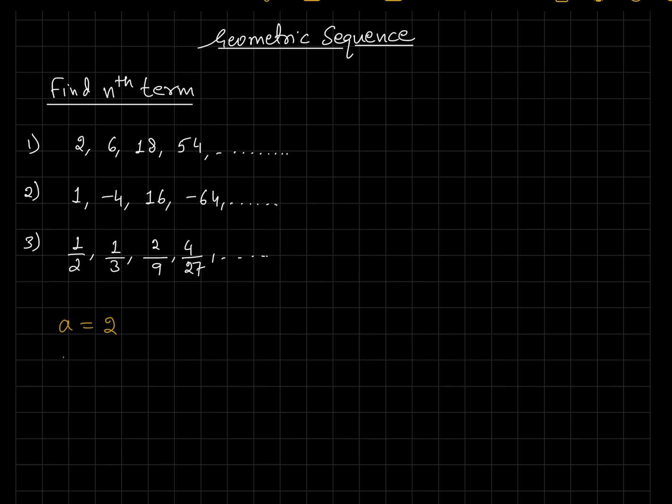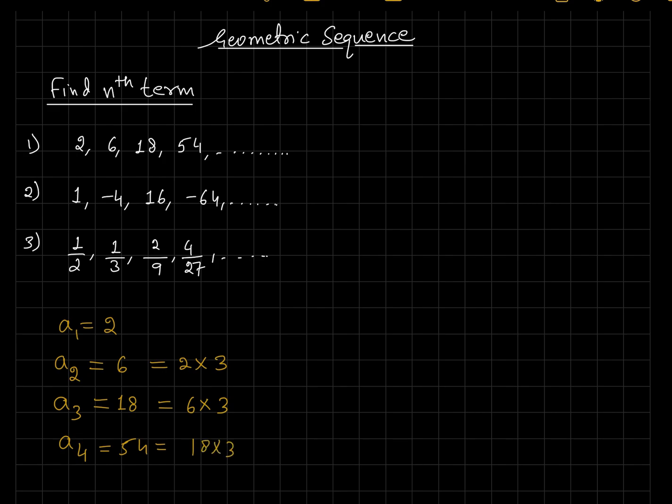Then my second term a2 is 6, and I can write 6 as 2 times 3, correct? Then a3 is 18, and I can write 18 as 6 times 3. Same way, a4 is 54, and I can write 54 as 18 times 3.